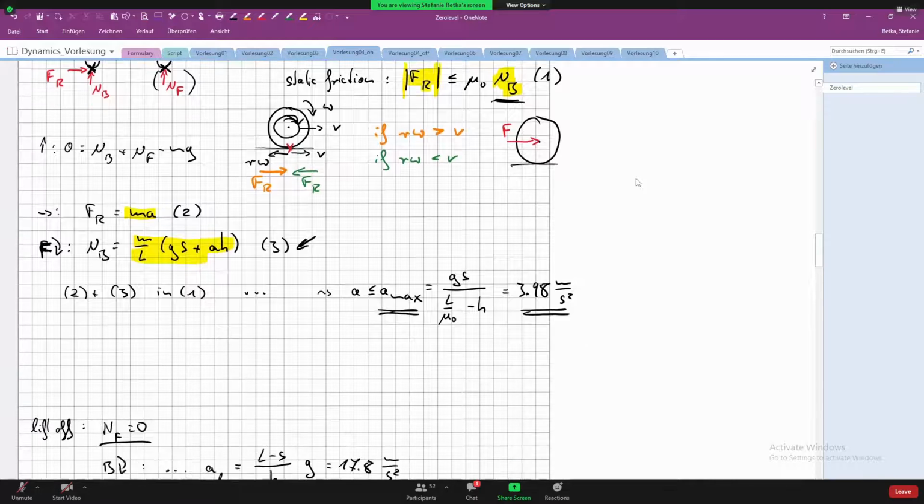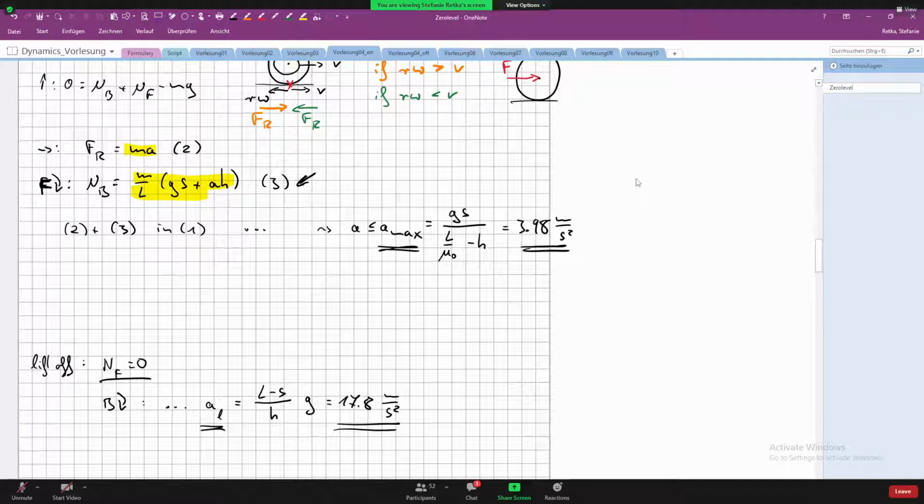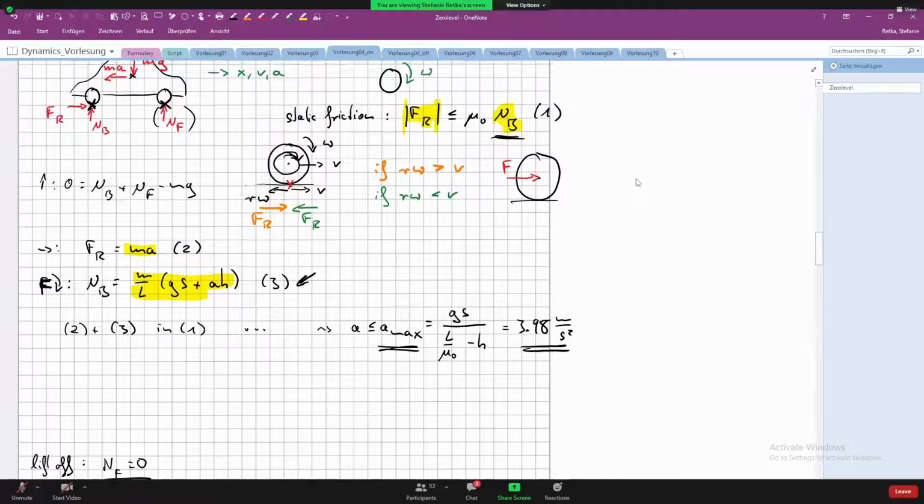You're welcome. Oh, one last question, Prof. Yes. Concerning that equation 3, I still don't get that part where we use m over L times the bracket gs plus ah.